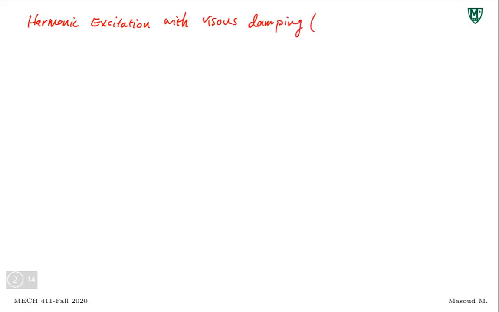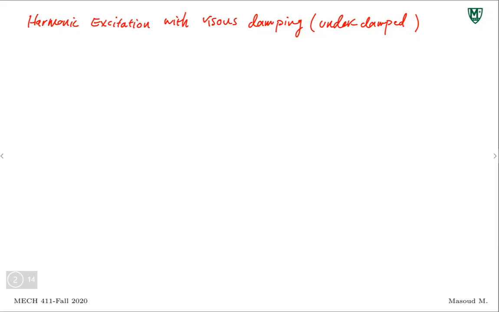A specific type of damping. I'm not talking about Coulomb friction, just viscous damping or a viscous damper. I can also add that I'm specifically going to talk about underdamped systems. We are not going to talk about overdamped or critically damped systems.